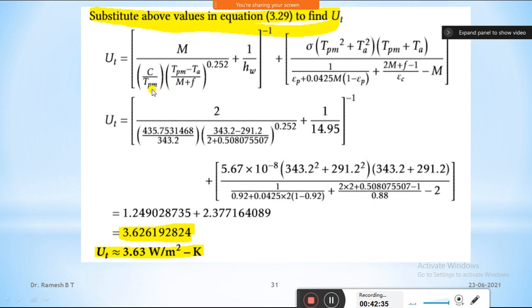Finally you substitute all the values: F we already got, M we know, TPM is given, TA is given, HW we just got, M is the number of covers, C we also got. After simplification, we got the UT value equal to 3.63 watt per meter square Kelvin.